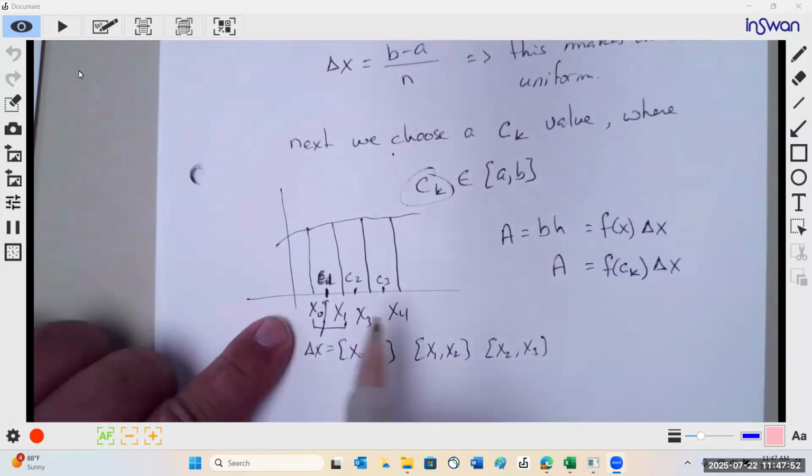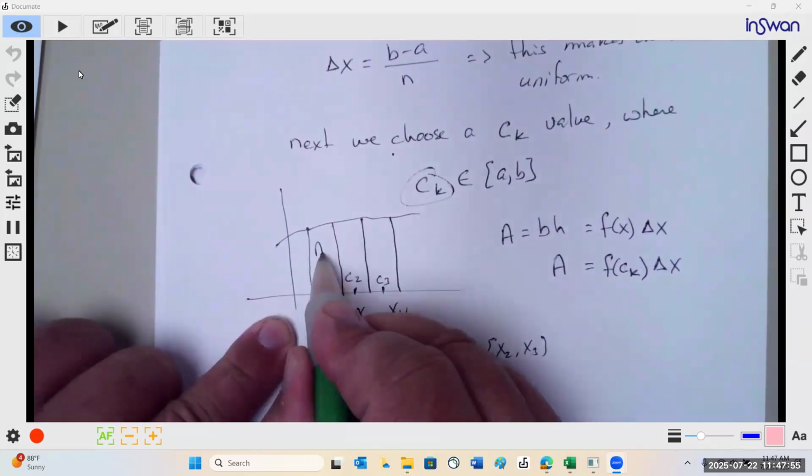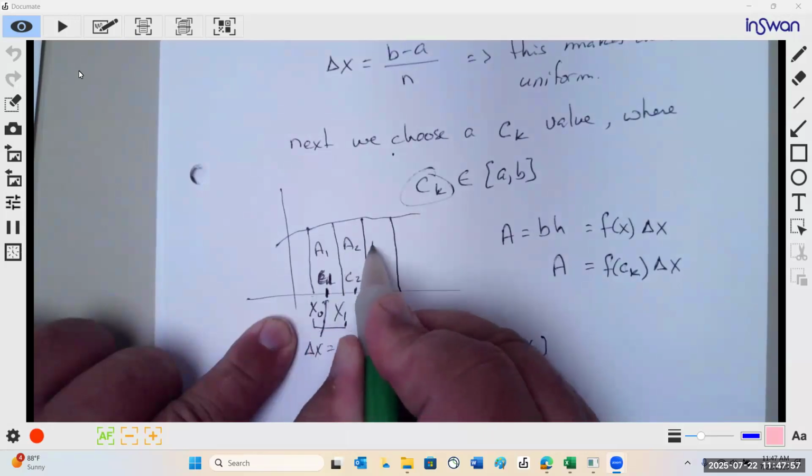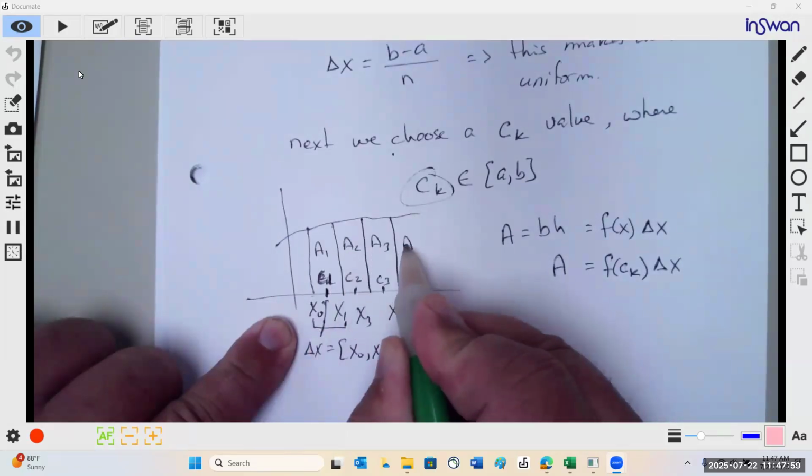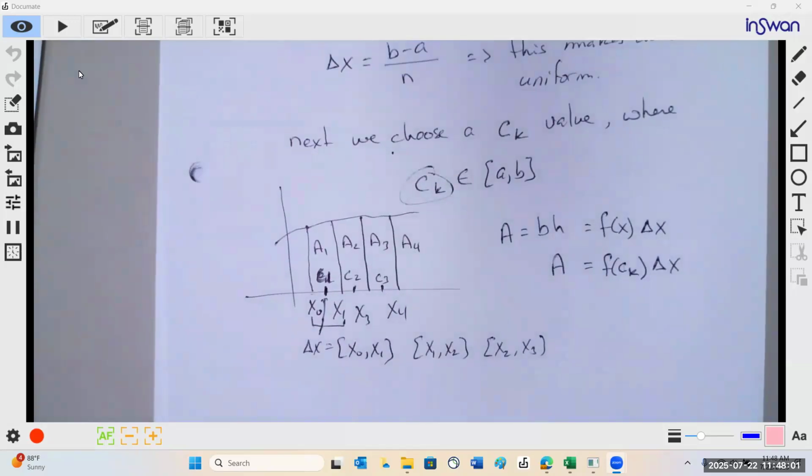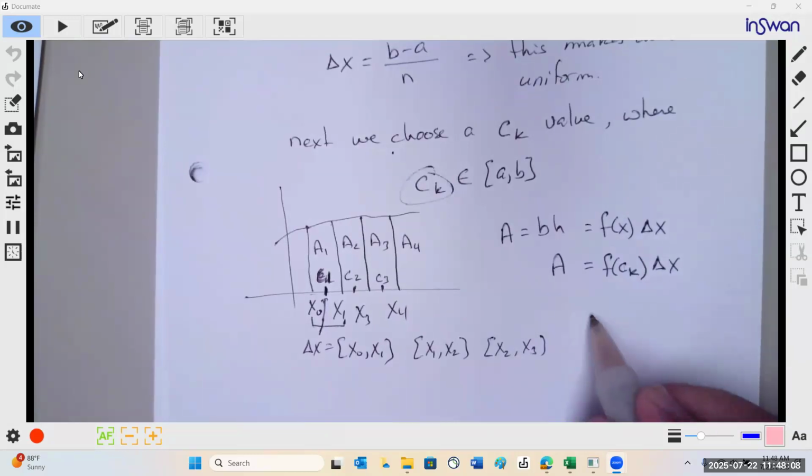So this will define the area of each of these sub areas. That's A sub k.